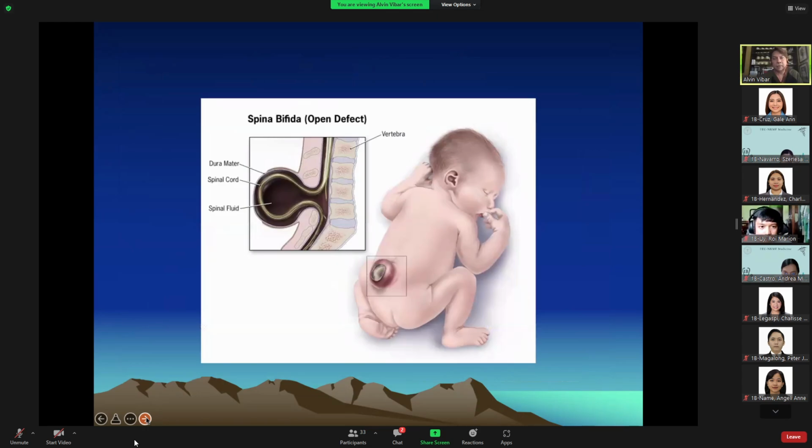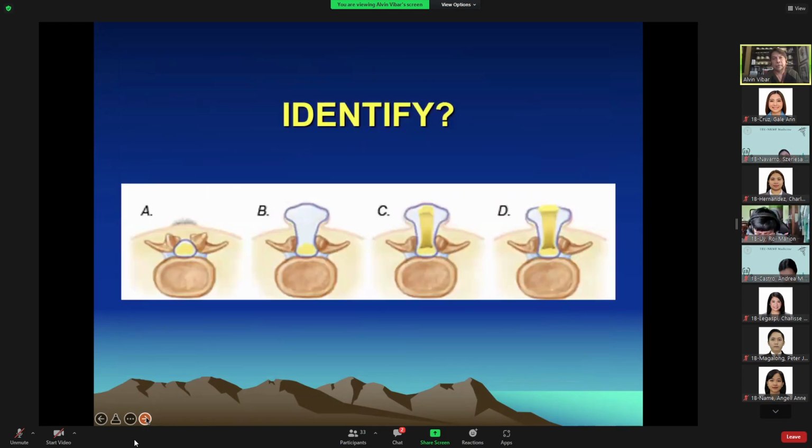Another one. So that's your spina bifida. Can it be corrected? Depending on the severity, of course. Again, this is your occulta. This is your meningocele, meningomyelocele, and myeloschisis.